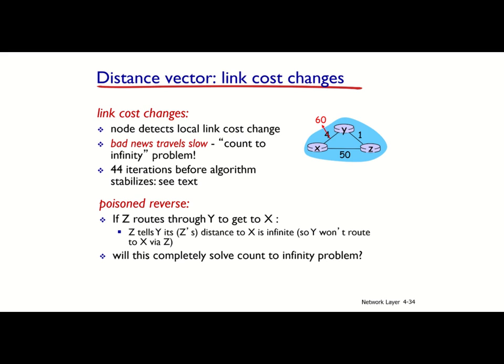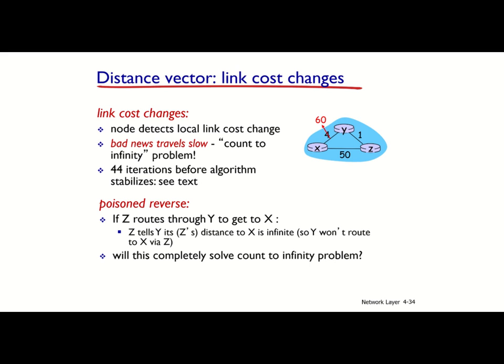I will post some extra slides that can explain this problem in detail, but in summary, you can think of this problem as a very slow adaptation of distance vector to a link cost change.